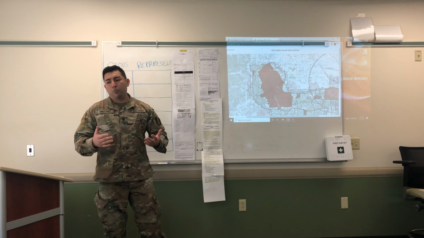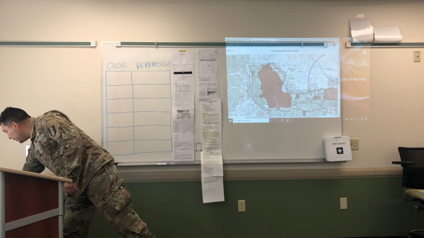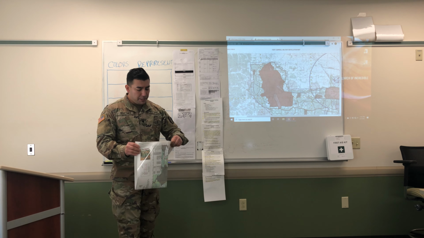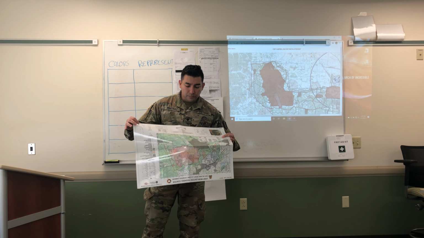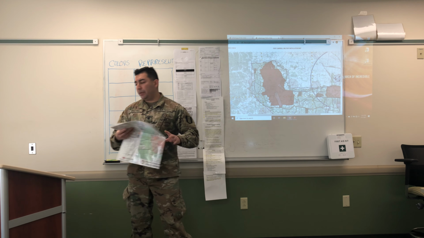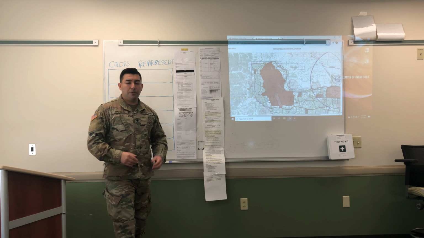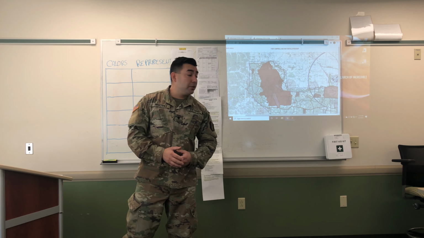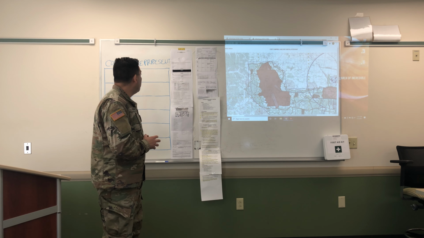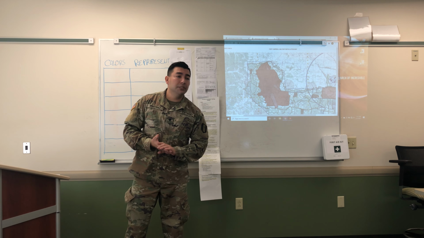Okay, so each of you will be given a map like this. Each of you will have a map, so you will be able to identify that. Also, you will be given a pencil, so it will be easy for you to accomplish this task.